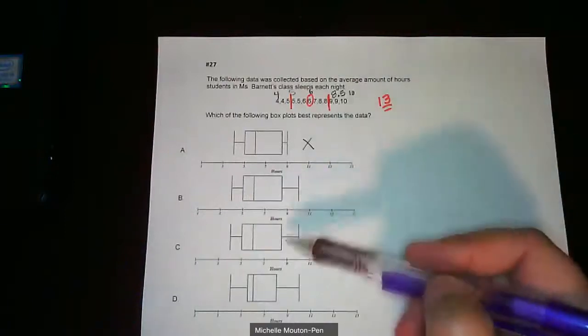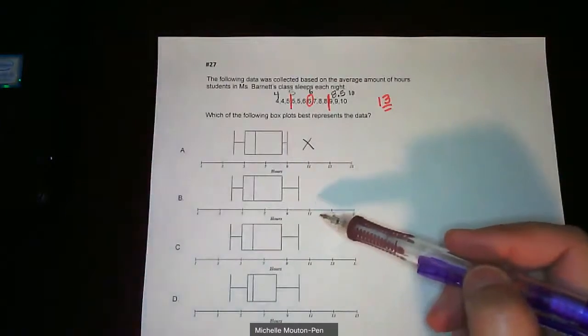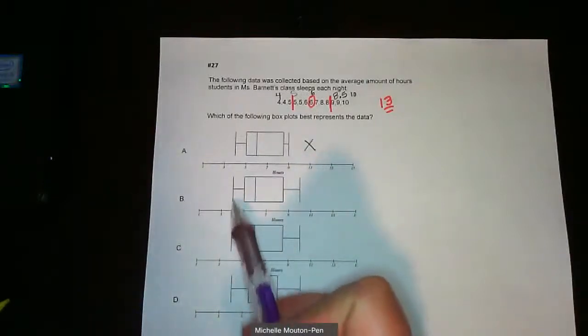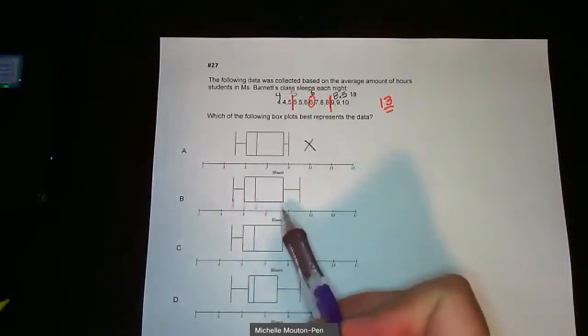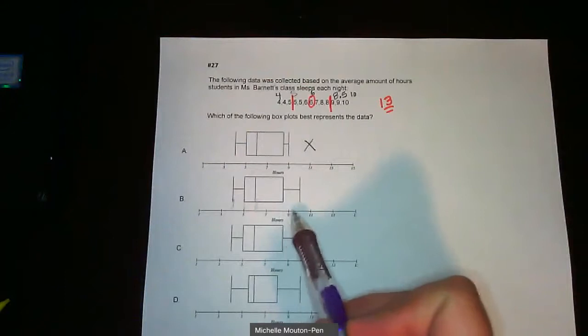All right, so now whenever we look at these two, if we notice, these look exactly the same. If one of them is it, then the other one is it, which would mean there was a mistake on this paper somewhere to have 2 correct answers on a multiple choice question, but let's check and see. This is 4, this one is 5, this one is about 6. Here's 8, so about 8.5, close to 9.